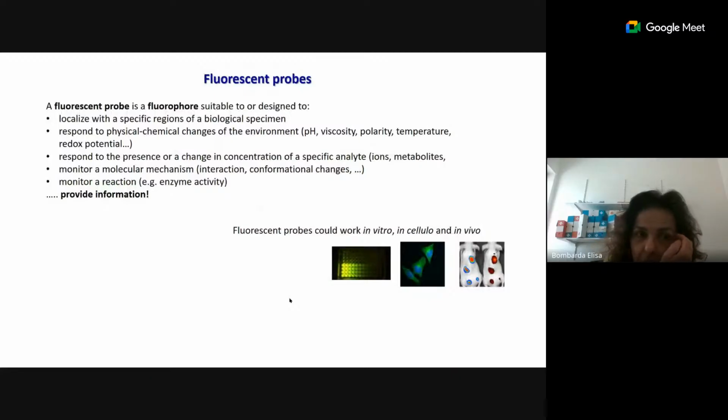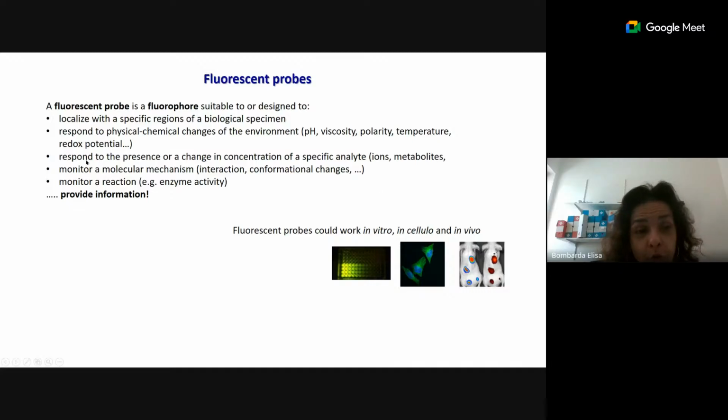Okay, so fluorescent probes, what are we using them for? Actually, at the end, to get information, and this information is of several kinds. We want to localize a specific region, we want to observe how our system responds to physical-chemical changes in the environment, like pH, viscosity, polarity.